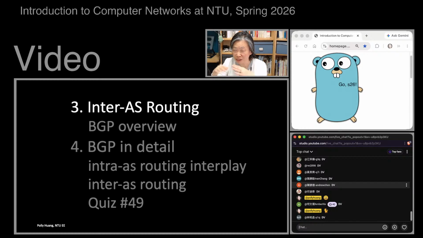Recall when Polly was talking about the inter-AS, intra-AS routing interplay, it is important that all the intra-AS routers know about these AS paths to other domains on the internet. So get the reachability information, propagate the reachability information, which is essentially the path vector, within all the intra-AS routers, and then work on what is the best path.